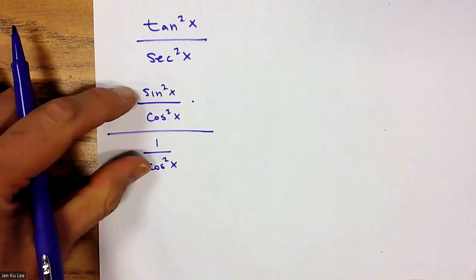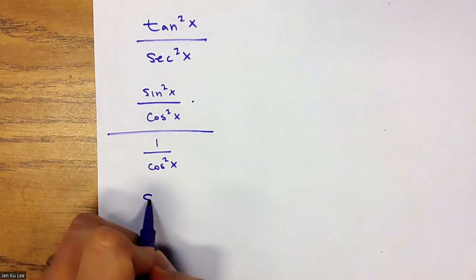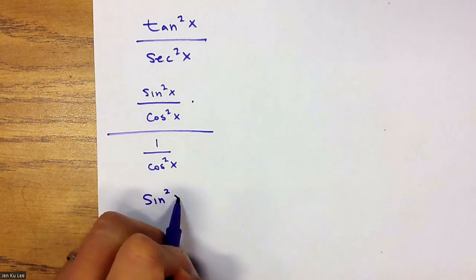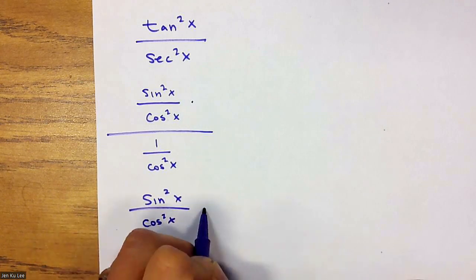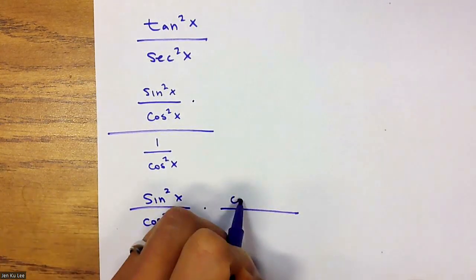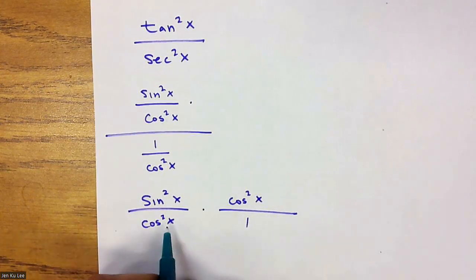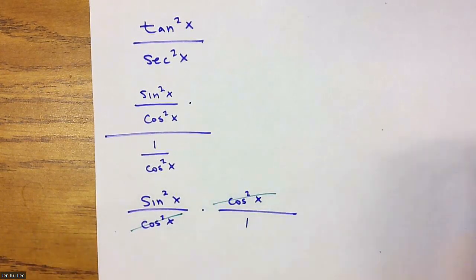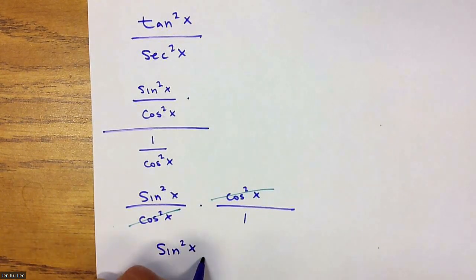And then from here, we're dividing two fractions. So we take the reciprocal of my denominator. Basic math skills, cancel, cancel. Well, all I'm left with is sine squared x.